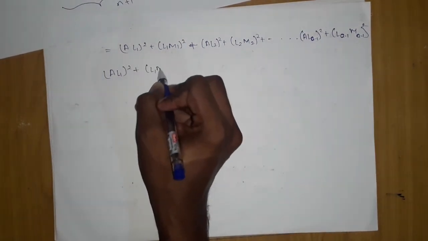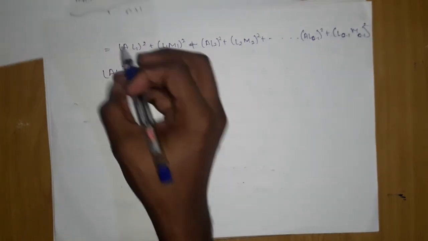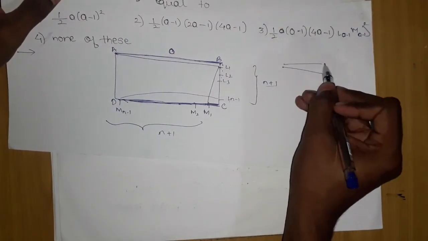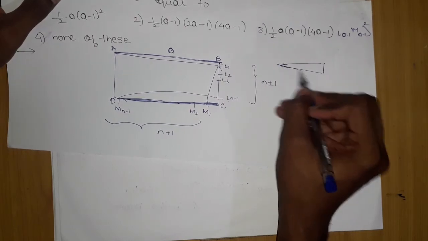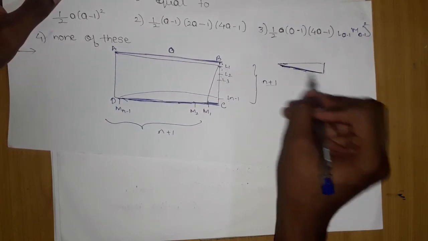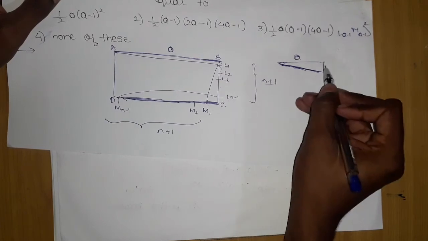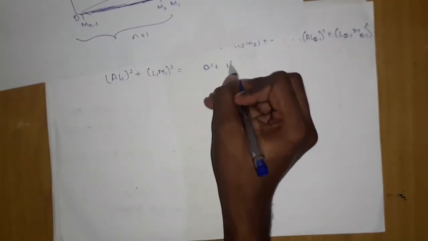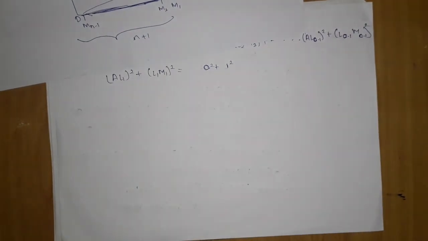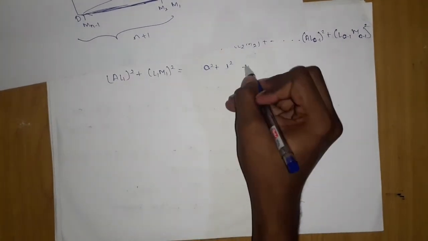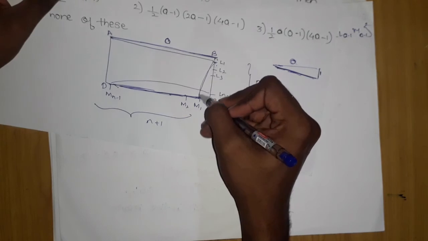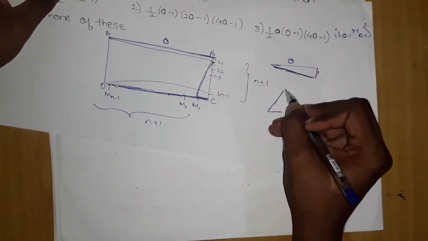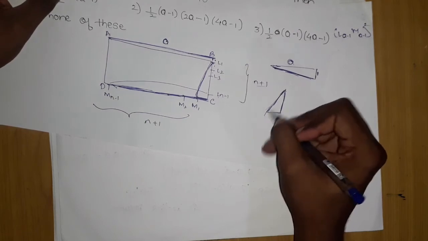First, AL1 the whole square plus L1M1 the whole square. For AL1, if you observe this as a right angle triangle, we want this length. We know this is a, and we know it is unit length, so we can write a square plus 1 square. Now for L1M1, this is a right angle triangle like this, and we want this length.